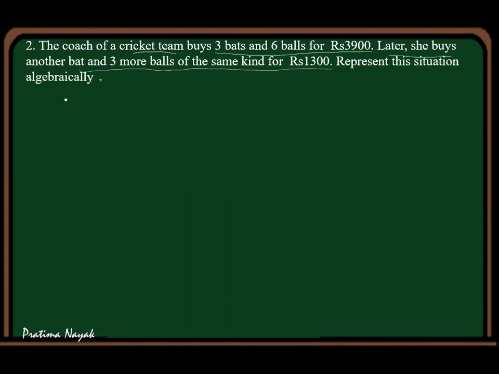One is the cost of a bat and the other is the cost of a ball. Let the cost of one bat be rupees x and the cost of one ball be rupees y.